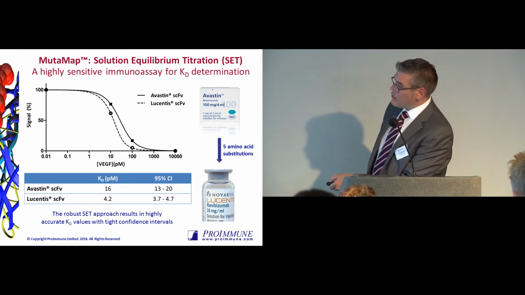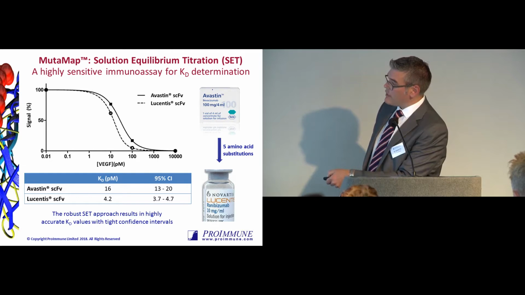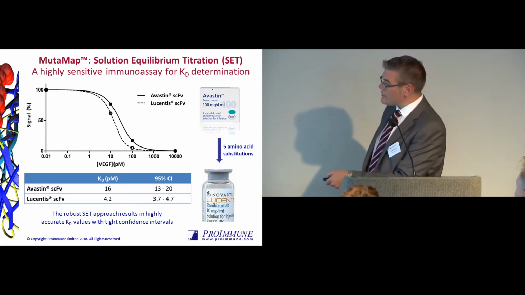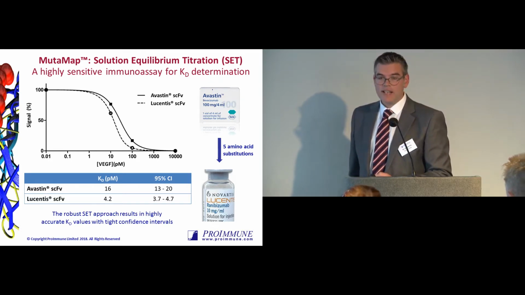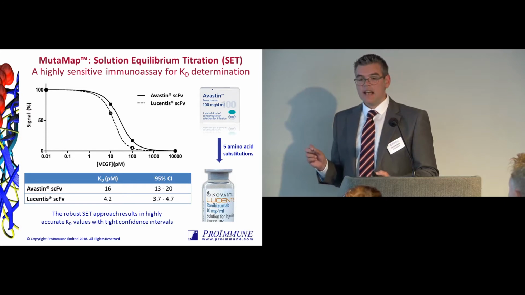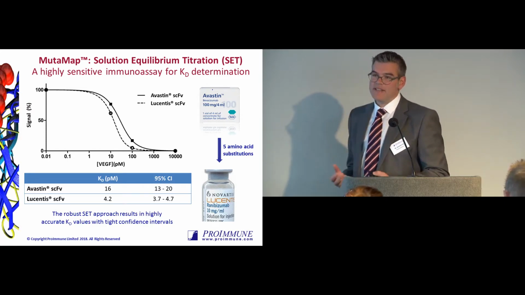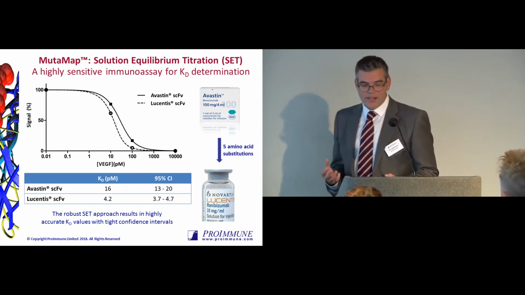So we take your parental protein, we perform site-directed mutagenesis, we then perform in vitro translation, so the protein is expressed as an scFv construct. We then carry out a high-throughput solution equilibrium titration assay. And the beauty of this assay is that the higher the affinity of the interactions, the more exquisitely sensitive it is. So this is not Biacore, it's not that kind of assay.